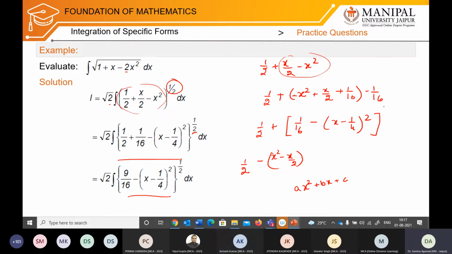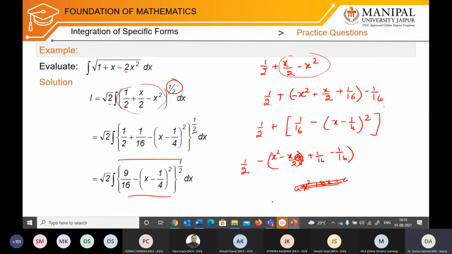That means we need a constant over there. So I just add and subtract 1 by 16: plus 1 by 16 and minus 1 by 16. We can do that, right? Yes, we can add or subtract any term.